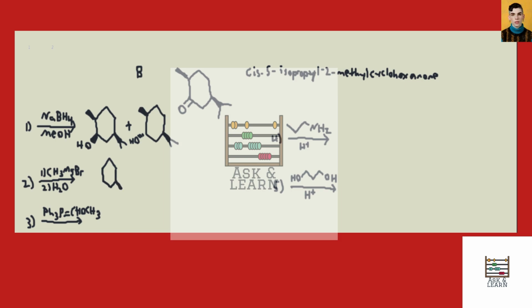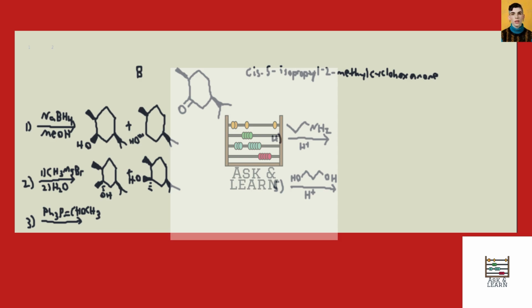And so we will get the product where the methyl group has added on the same side as these other two substituents that are there already. And so our alcohol will be on the dash. And we will also get the other product where the methyl group is on the dash and the alcohol is on the wedge. Okay, so those are our two products there.